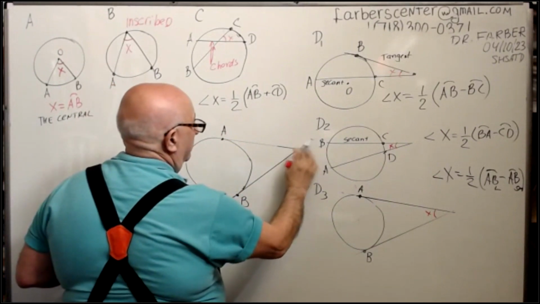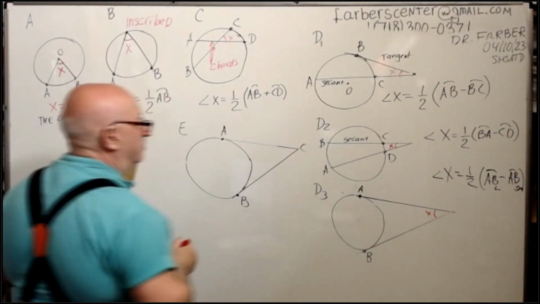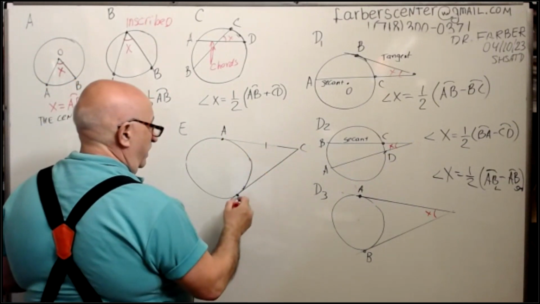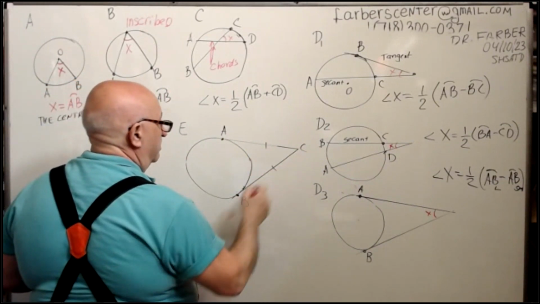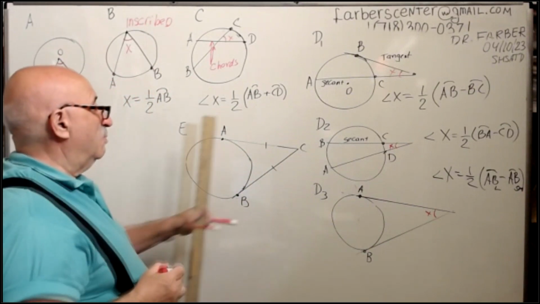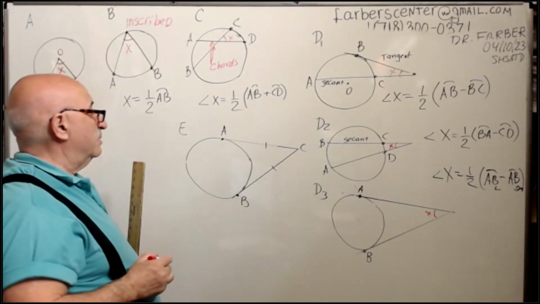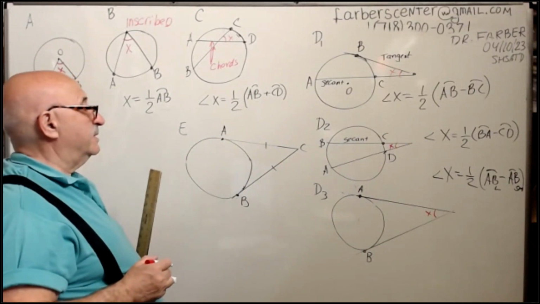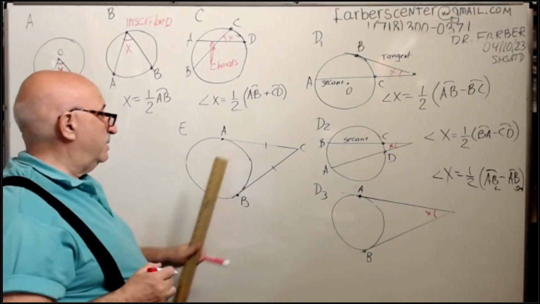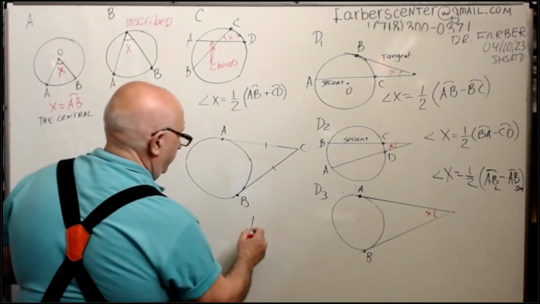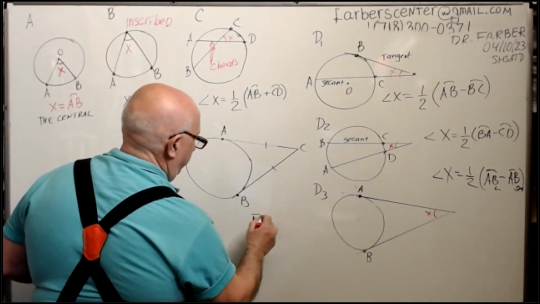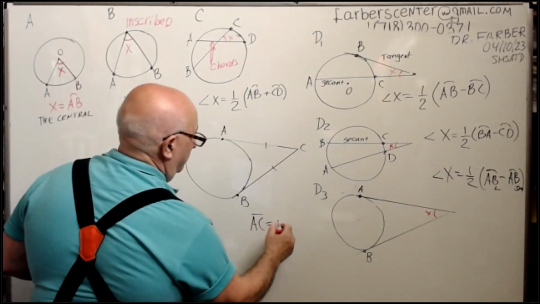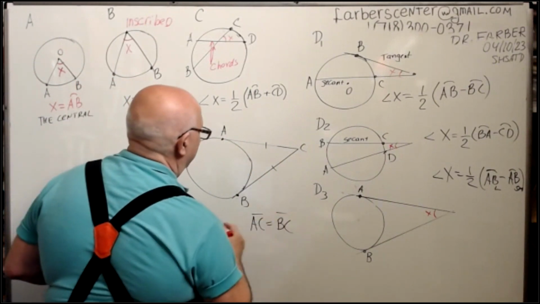And this is the point outside the circle. Distance AC equals BC. The distance from a point outside of the circle to the points of tangency is the same. They are congruent. Segment AC, not arc, AC equals BC.